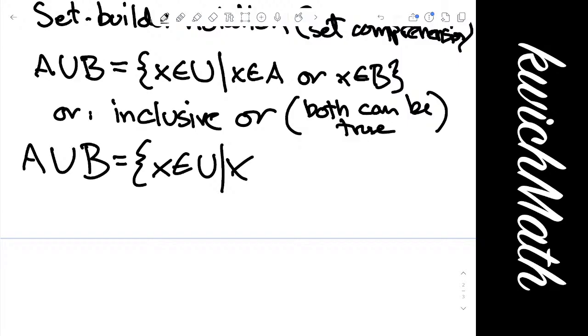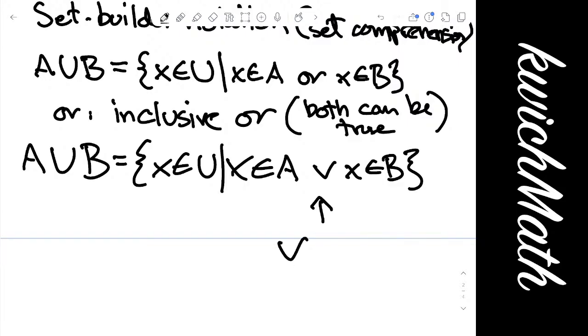But anyway, we can have either X is in A or X is in B. So this symbol here means or. And you can see that it's similar to the U for union. It points the same way. Very soon we'll see another of these that will point downward. But this is just another way to say inclusive or.